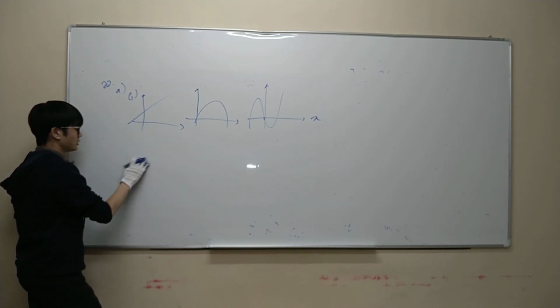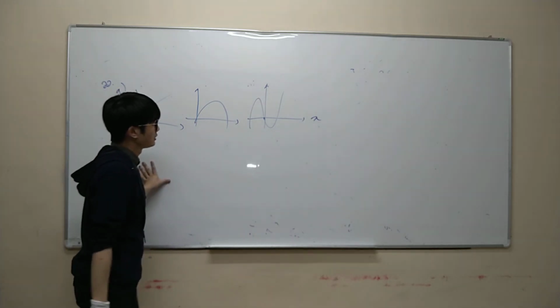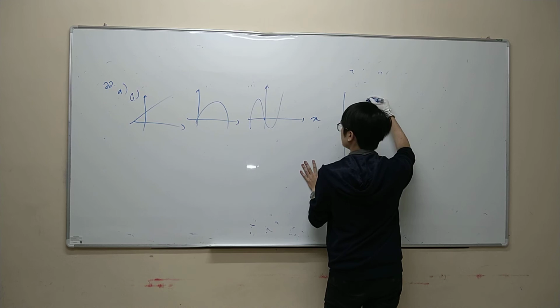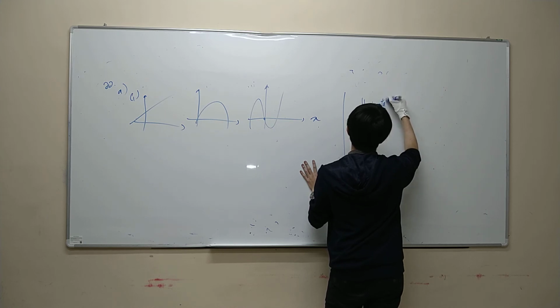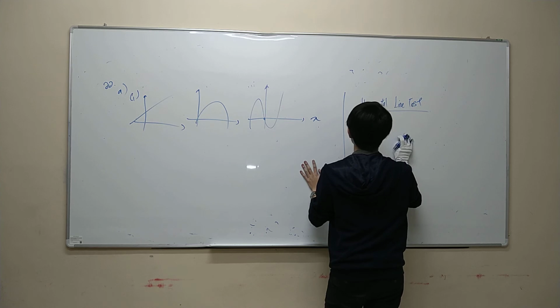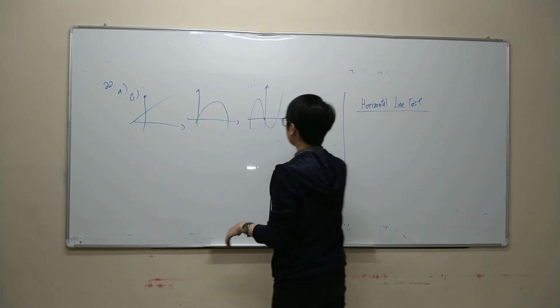So if you want to know whether the inverse exists or not, you do this thing called the horizontal line test. What is the horizontal line test? You draw horizontal lines.